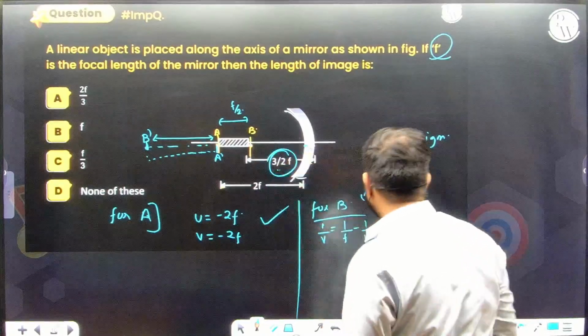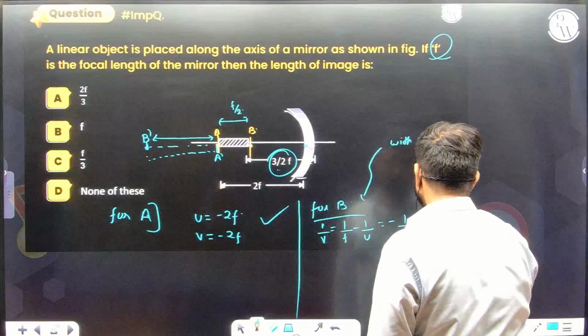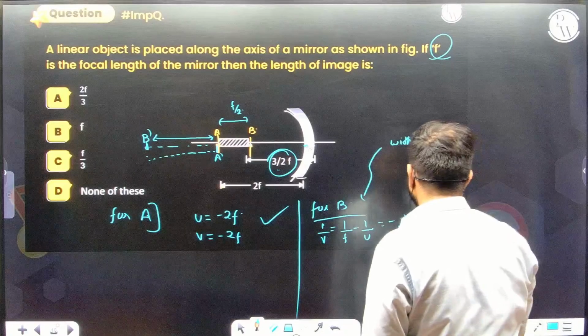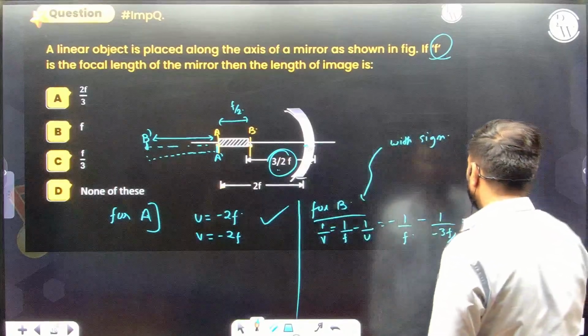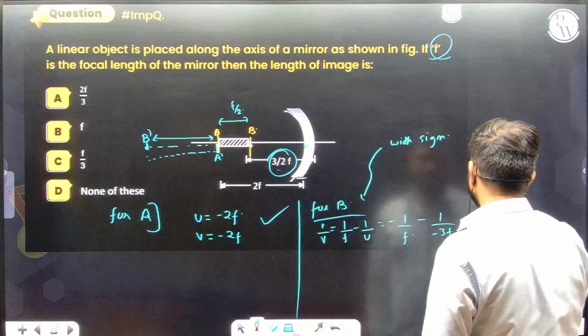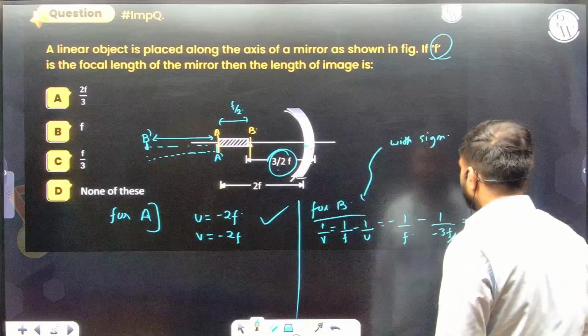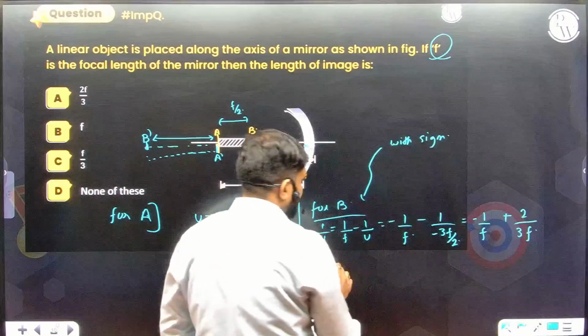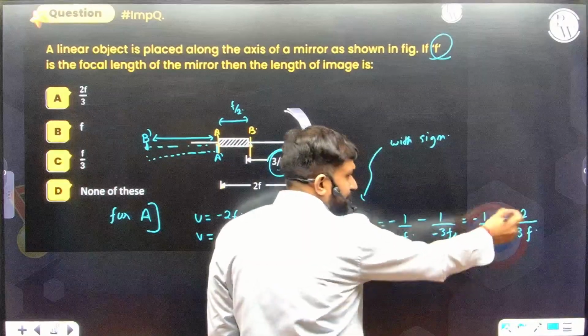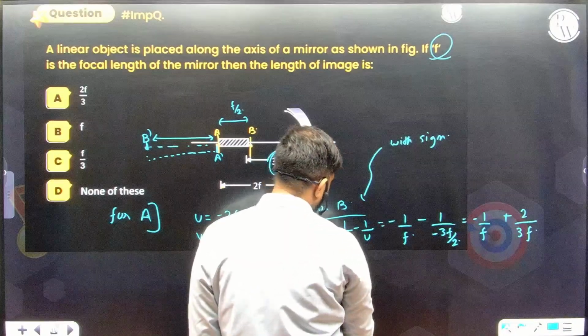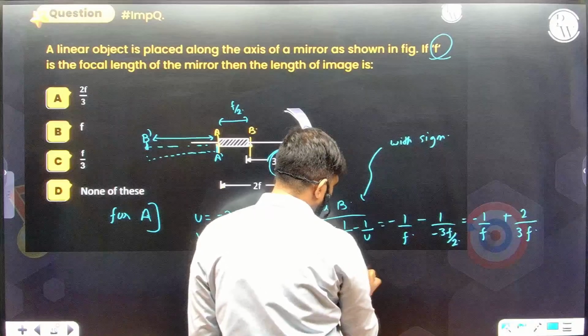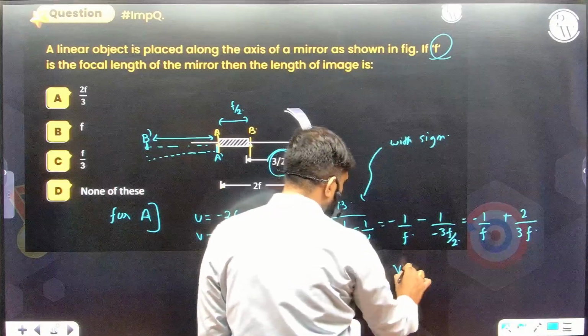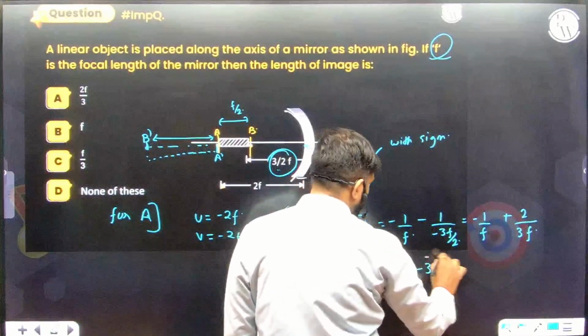Put it with sign, so it will be minus 3f by 2. Take the LCM and everything. It will be minus 1 by f and plus 2 by 3f. So if you write it properly, take the LCM 3 and it will be minus 1 over 3f. So my image distance is minus 3f.